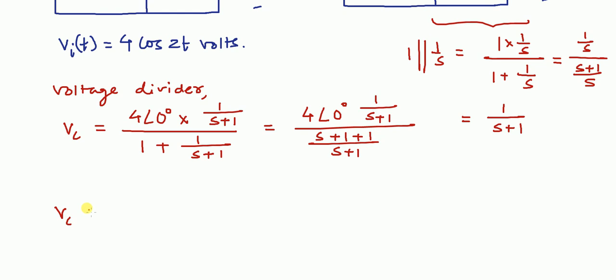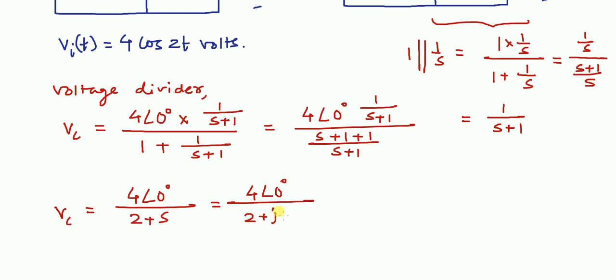So this Vc is 4 at an angle 0 divided by 2 plus s, where this s is j omega, and we can see this omega, input signal frequency, is 2. So it is 4 at an angle 0, take 2 common.